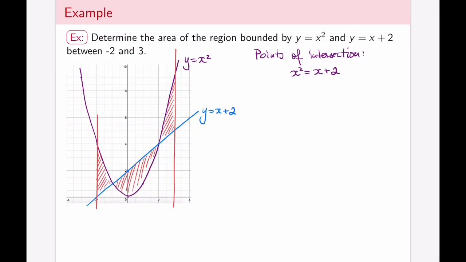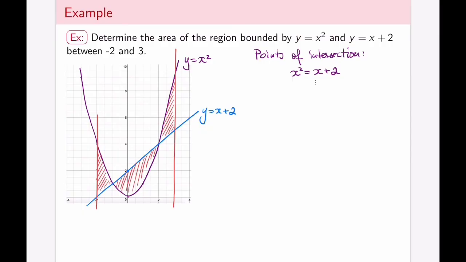Now, if you draw the graph somewhat carefully, because this is just a parabola and a line, you will probably notice that these particular points fall quite nicely right on the integers -1 and 2, but you do have to support this with calculations algebraically, just because your graph might have been very lucky or very inaccurate. So we're going to solve this quadratic equation.